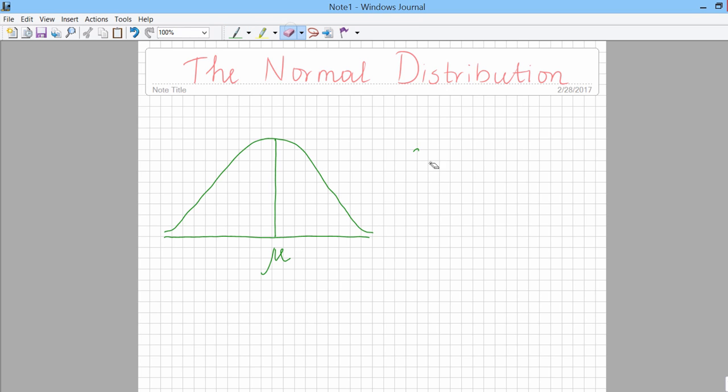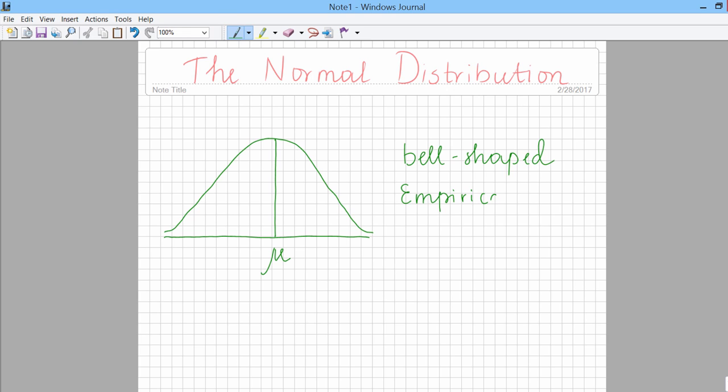So we've kind of briefly looked at bell-shaped data in chapter 3. And what does this data look like? It's symmetric about the mean, and we also applied the empirical rule.